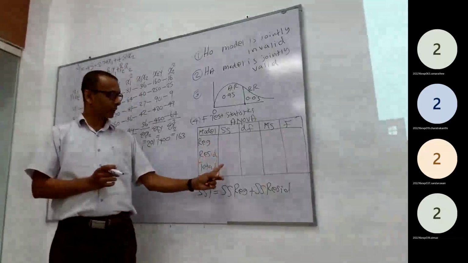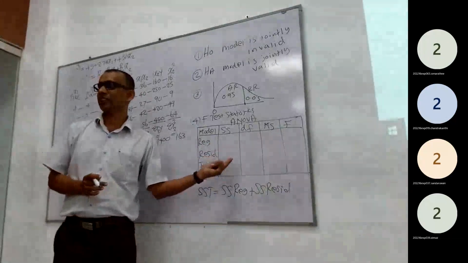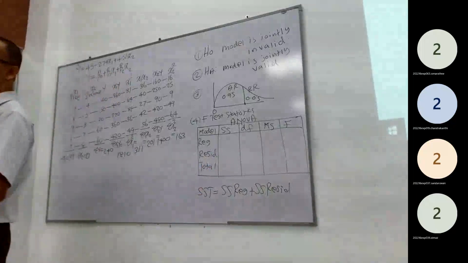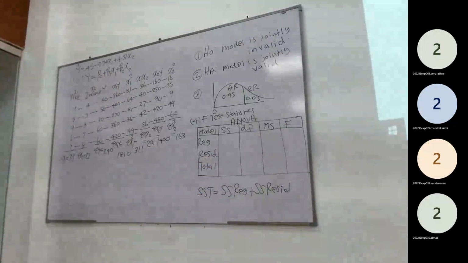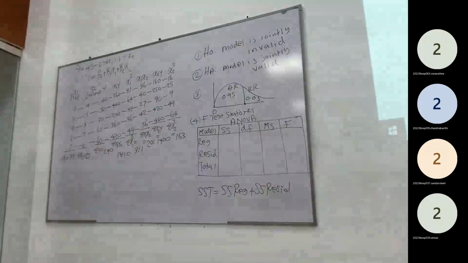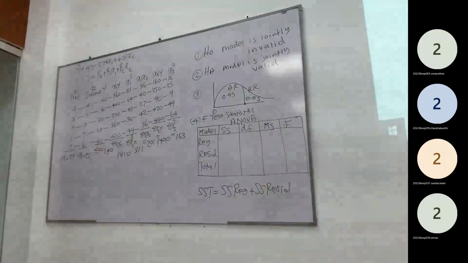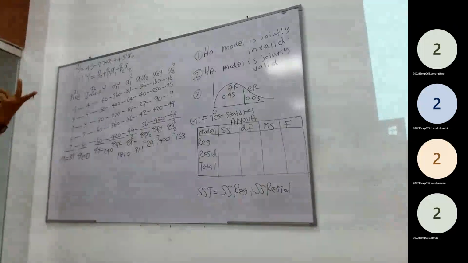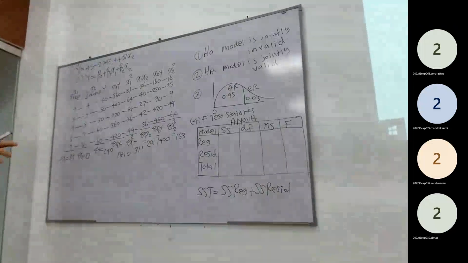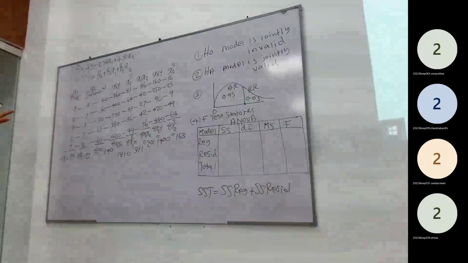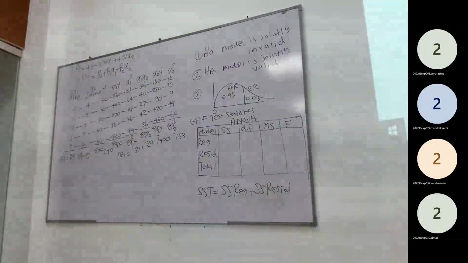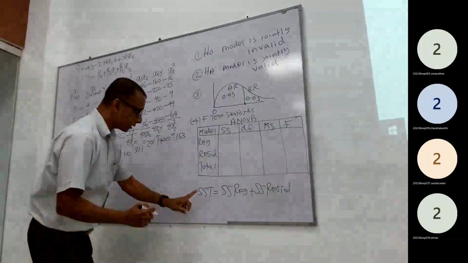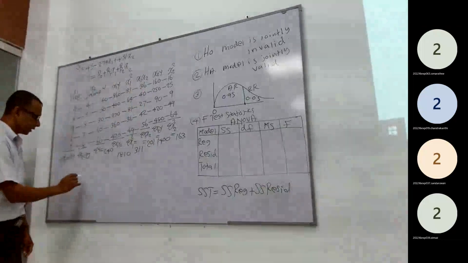If you calculate two values, the balance you can take. Before that, we calculate all these three. At the exam, you calculate two figures. In business also, you can apply it to the data with two figures. Then the balance you can take. Now I calculate SST.